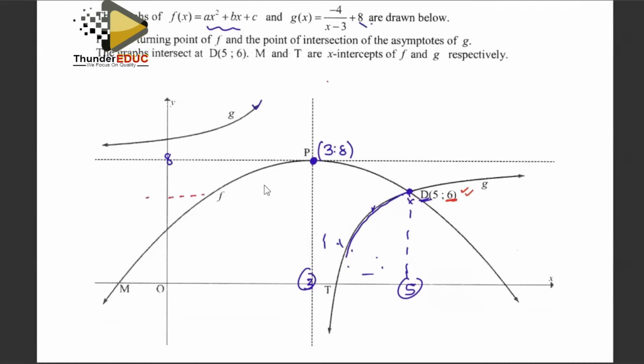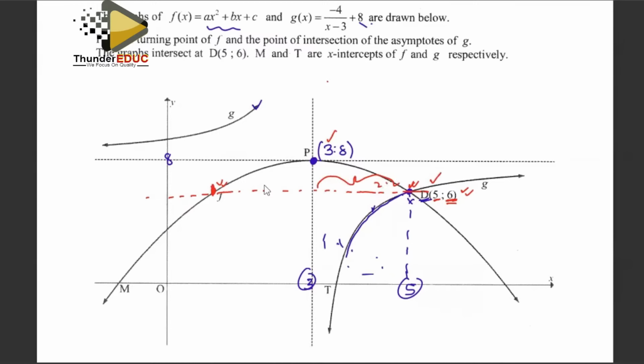If we draw a line in that direction, the graph is above 6 between this point and that point, but it is below the 6 level after the 5. We also need to find this point. If this is a 3 and this is a 5, that means we have 2 units there.